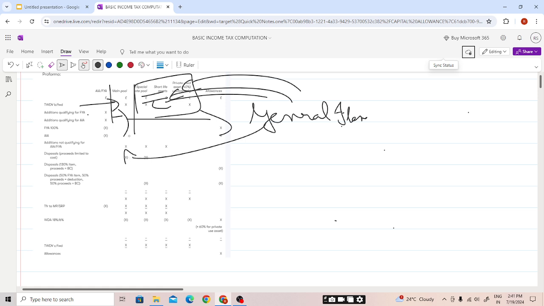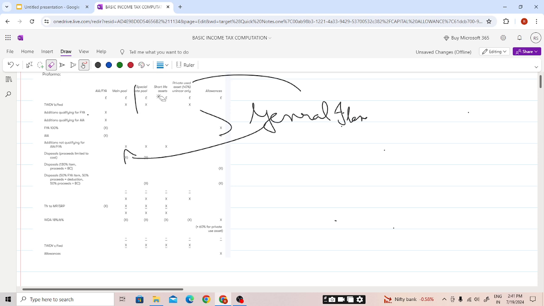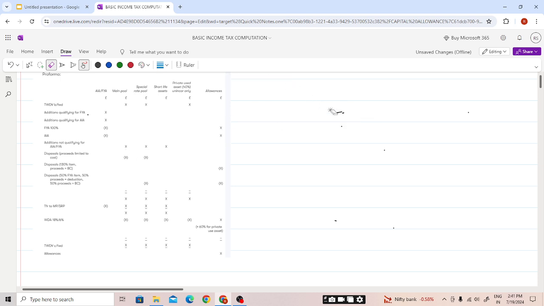And in main pool, we have seen in the case of cars, students, cars with CO2 emission between 1 gram per kilometer and 50 gram per kilometer will come under the main pool. And second hand cars with zero CO2 emission will also come under the main pool.